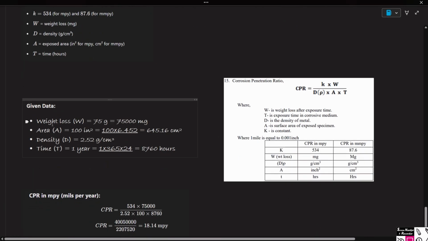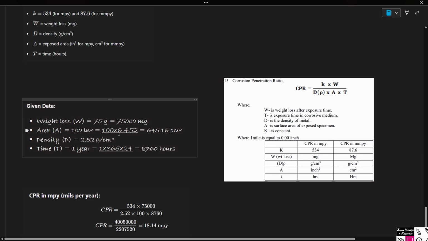So given data is weight loss is 75 gram, which we need to convert into milligram. So multiply it by 1000, we get 75,000 milligram. Area is 100 inch square. Keep as it is for MPY, but we need to convert it to centimeter square for MMPY. 1 inch square is 6.452 centimeter square.